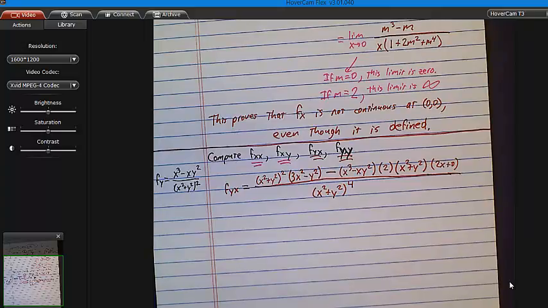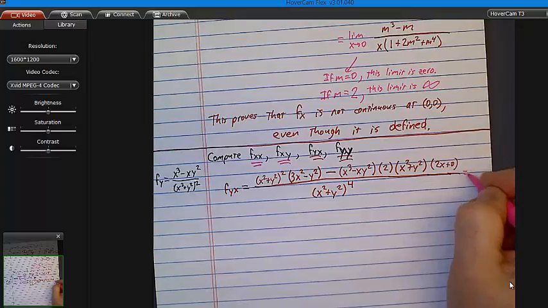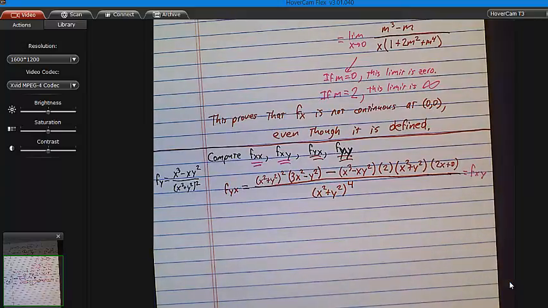And I have a question to you people working on pink. Isn't it true that this is equal to what you guys got for fxy? Let's check that. Wait a minute. X and Y are switched though. So instead of a 3x squared minus y squared.